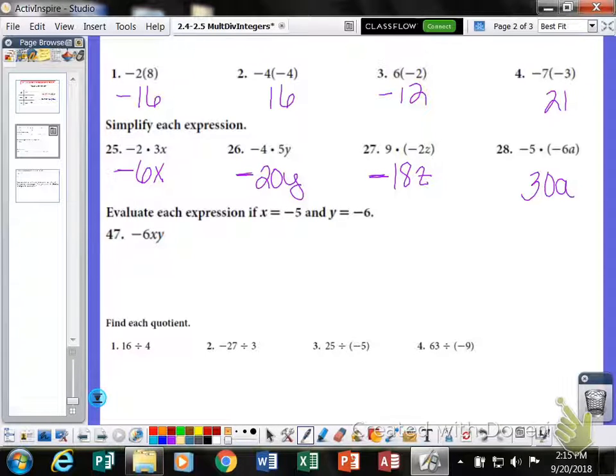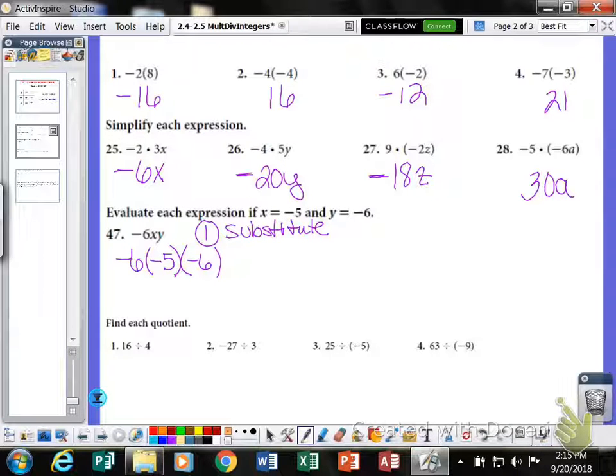We know how to evaluate. This is a review of the previous chapter. So the first thing we do is substitute. So -6, parenthesis, -5. I would put these in parentheses. Do not use dots. Do not use X's. It's -6, parenthesis, -5, parenthesis, -6.